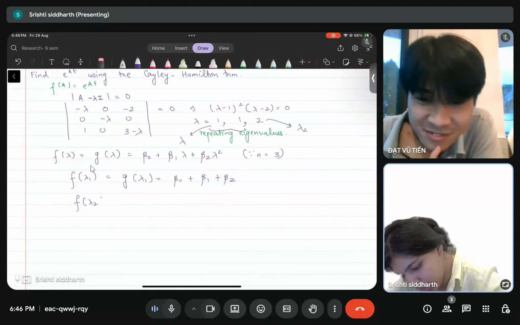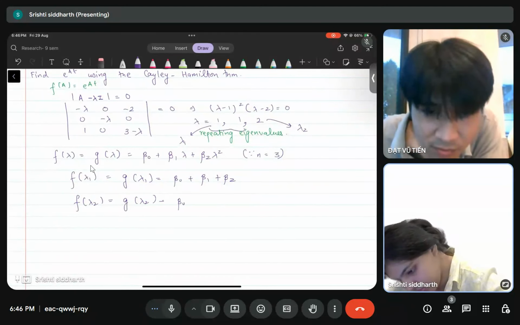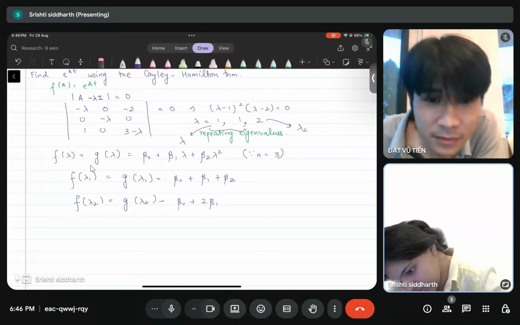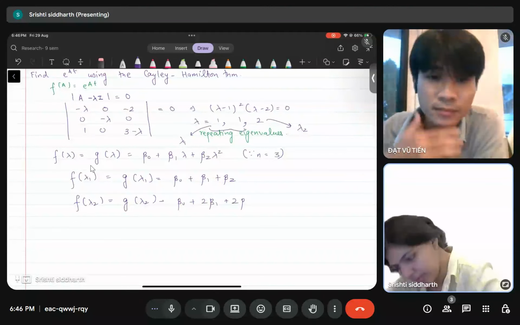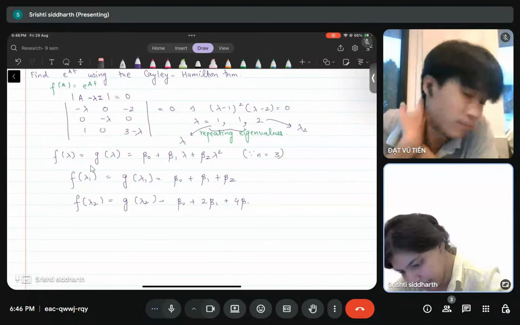f of lambda 2 would be g of lambda 2, which is beta 0 plus 2 beta 1 plus 4 beta 2.